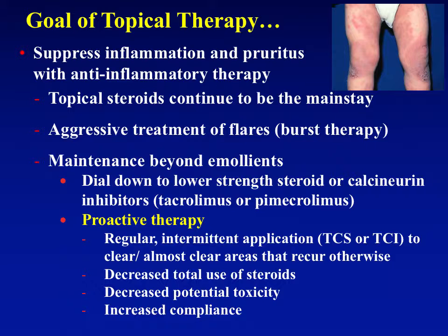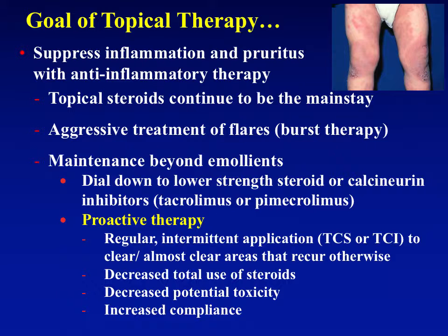Maintenance is the hardest part, but for many of these kids, if you just knock it out, they barely need anything. And then you can use, for just a few days, a stronger steroid and not worry about it. So we can do this aggressive burst therapy.